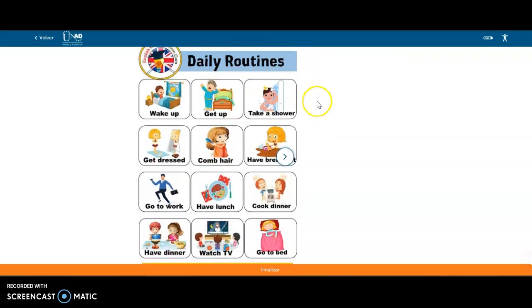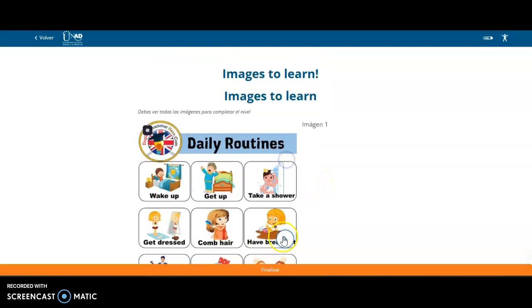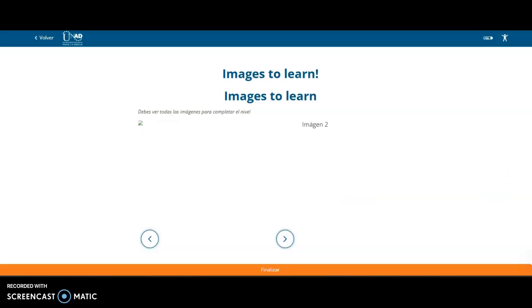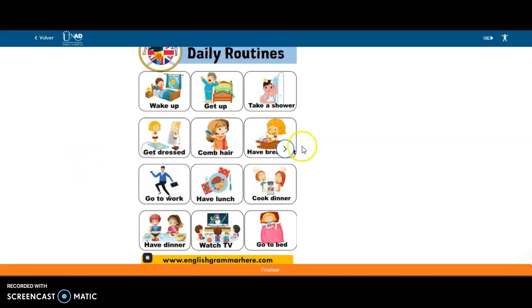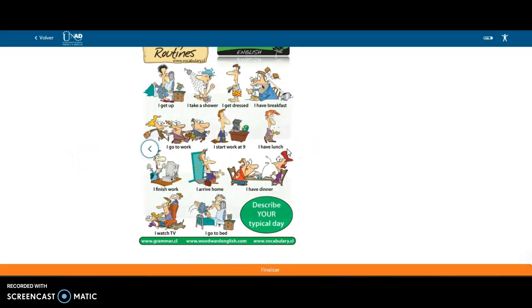So we have here daily routines with the images that we need to know to complete all the next activities. Okay, here we have some more. We are going to check it. Okay, here are some more.